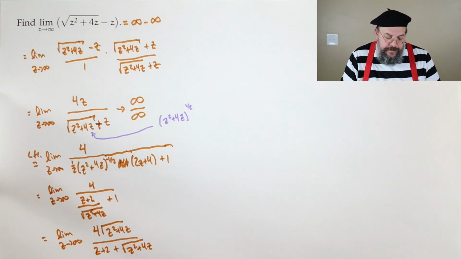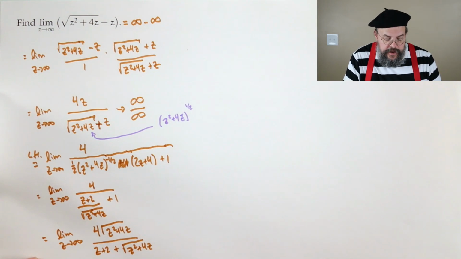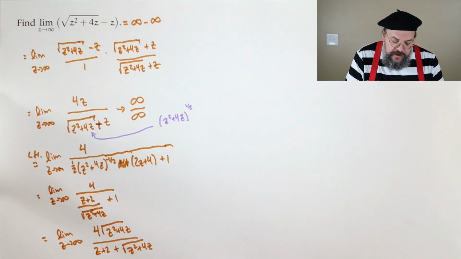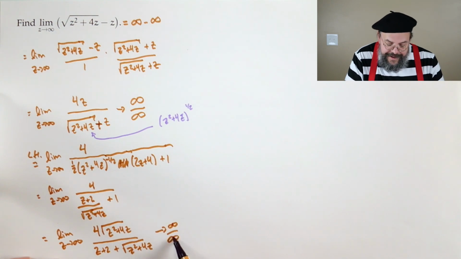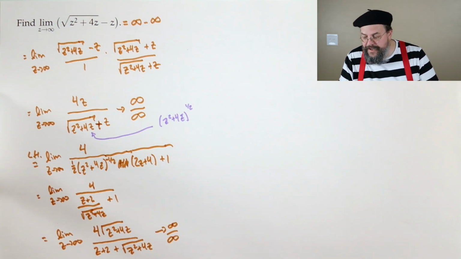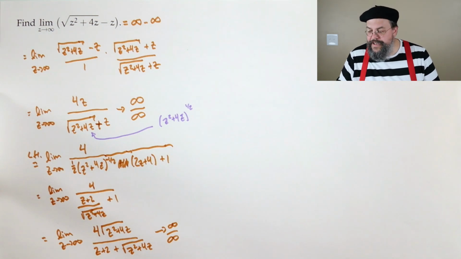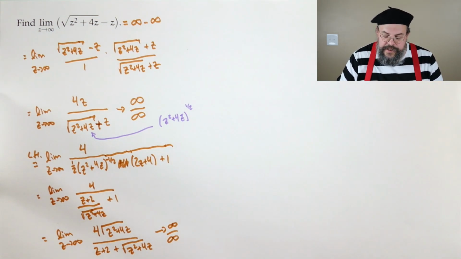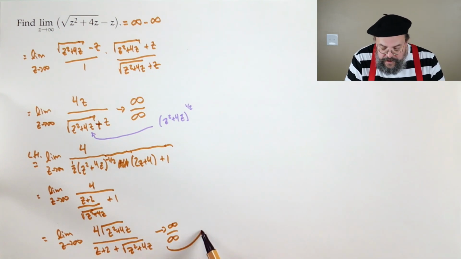You get a big number, and then big number plus 2, plus 2 doesn't really do anything, plus a big number. So this is going to infinity over infinity, right? So you do what you almost always do when you see something that looks like infinity over infinity, which is you apply L'Hopital. All right, so we're going to apply L'Hopital.